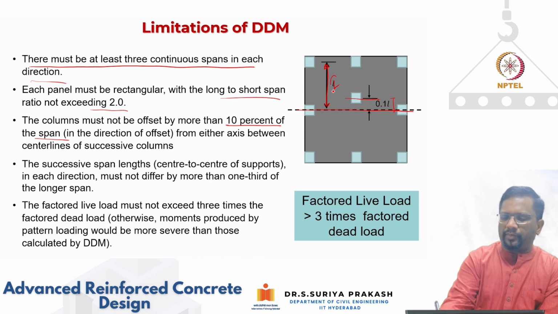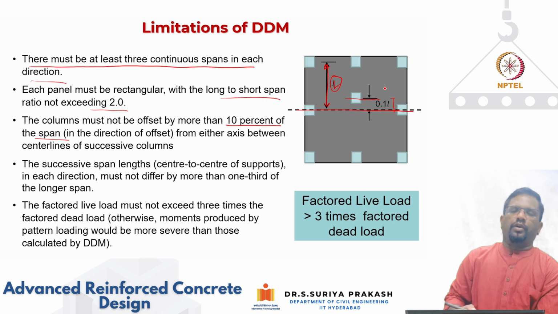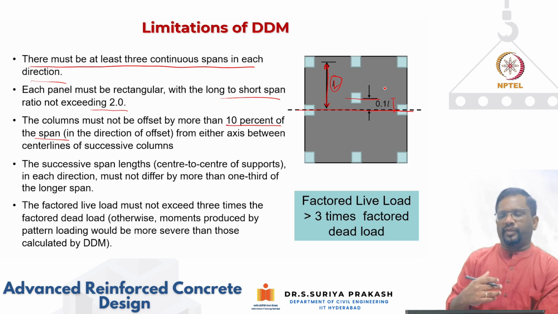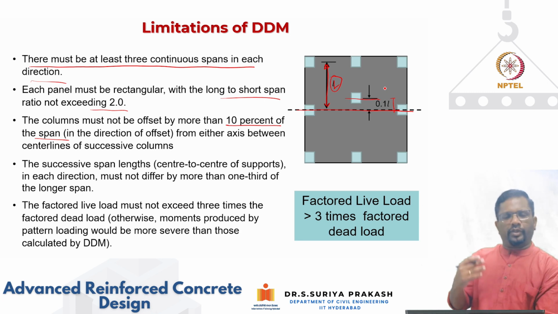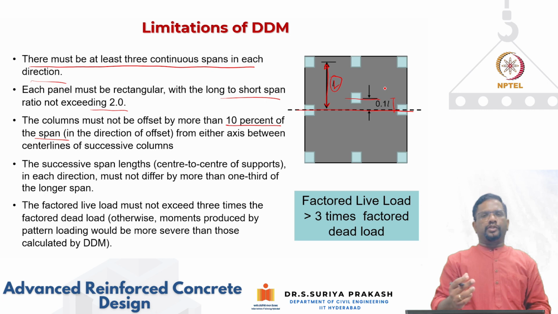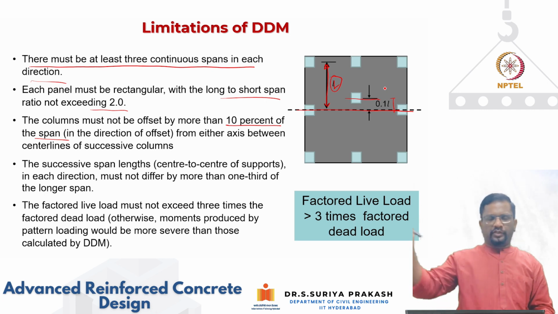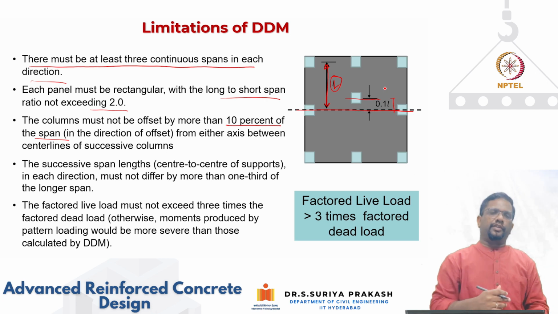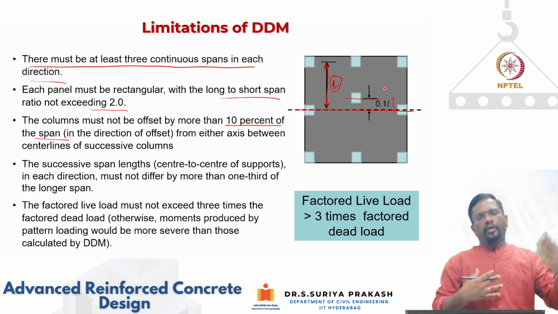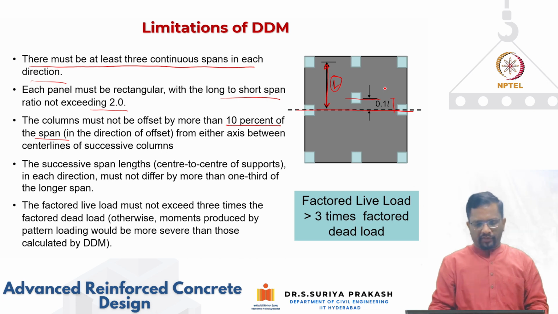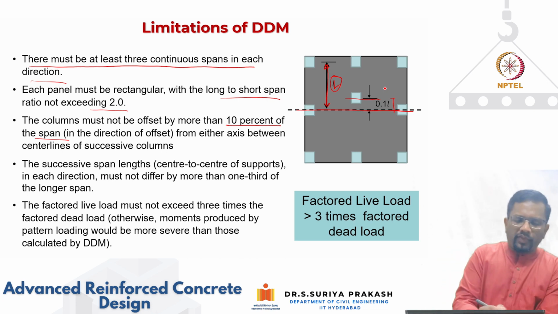In this case, the span is L. So the column can have an offset of maximum 10 percent of the span. It cannot be more than that, because we know from architectural considerations it's not always possible to have columns along a straight line. So you will have a little bit of offset. The direct design method accounts for it, but the offset should not be more than 10 percent of the span length.